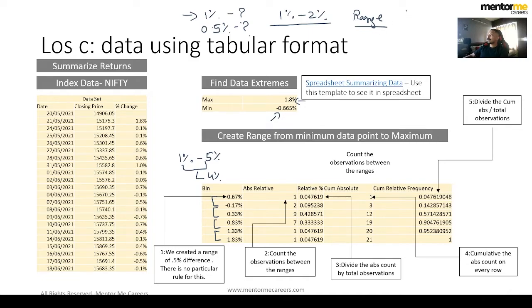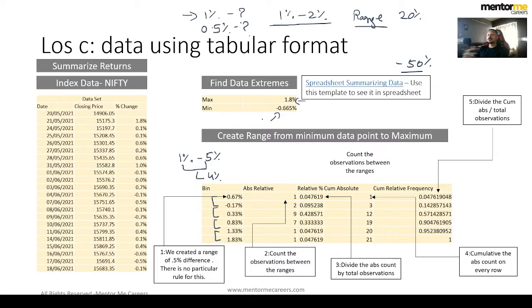But let's say your maximum value was 20% and your minimum value was, let's say, minus 50%, right? Now you need to take an educated guess on whether you really want cramped up data or a basic round figure where you can do the analysis, right? So there's no particular science to this.